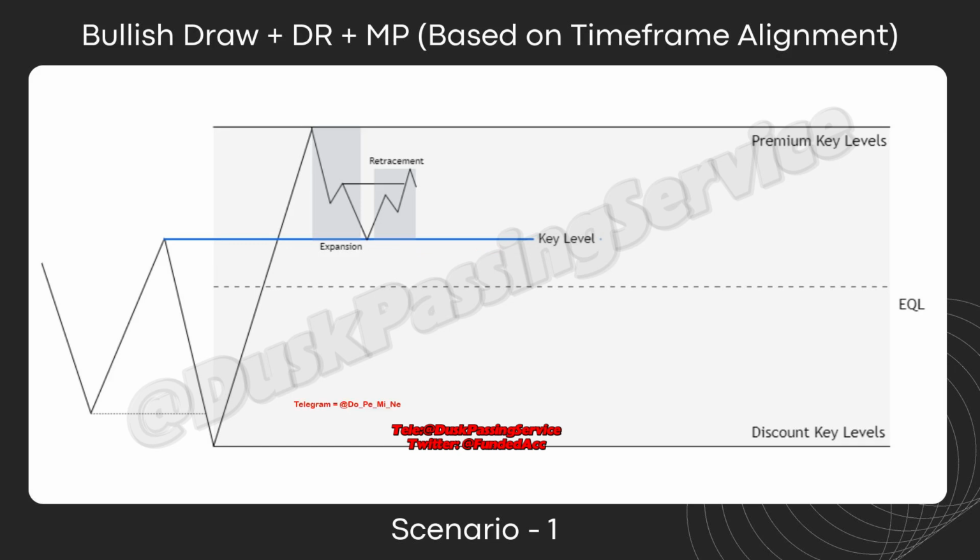But in this case, we've taken it further and made it more advanced. Even with a key level, we're just going to expect a retracement instead of a reversal, because we've combined it with higher time frame dealing ranges and higher time frame premium and discount, which have given us a further filter to our understanding of price movements and markets.